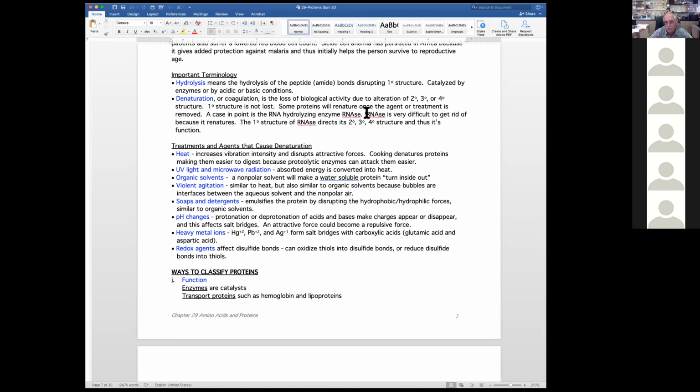You could put it in the dishwasher, and while it's under the conditions of the dishwasher, it's totally denatured. And you take it out of the dishwasher, then you let it dry, and guess what? That enzyme reassembles. Simply because its primary structure directs secondary, tertiary, and quaternary structure.